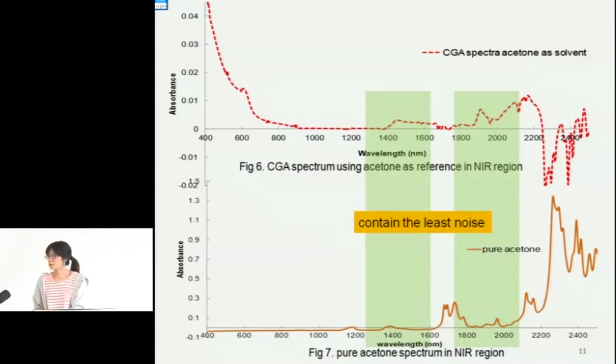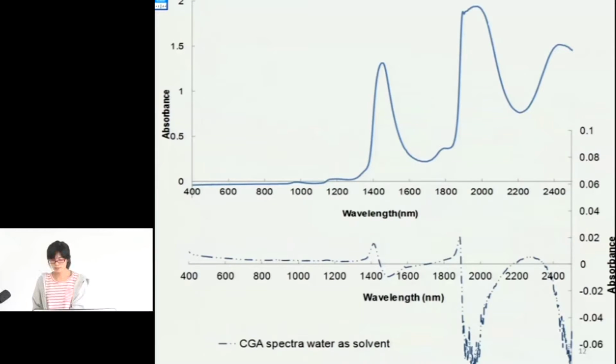Then, in order to extract the accurate CGA spectrum, I combine the CGA spectra I get from using water as a solvent and acetone as a solvent. Then I will show how I combine the spectrum. This is the CGA spectrum we get from using water as a solvent.